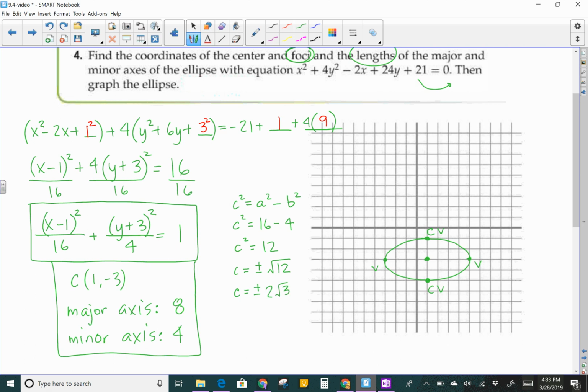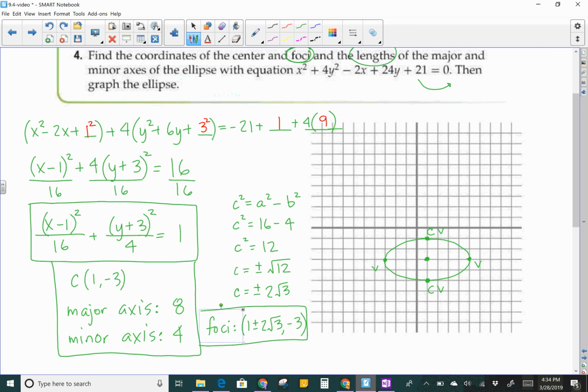So if I ask you for the foci, the foci are along this axis, because they're always along the same axis with your vertices. The coordinate that changes from my center is the x coordinate. So for your foci, you would say that is (1 plus or minus 2 square roots of 3, negative 3), because my y value didn't change.